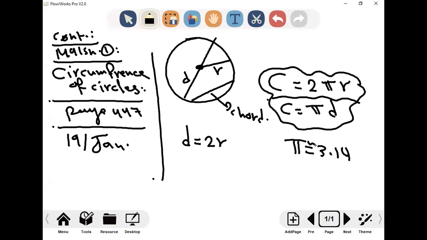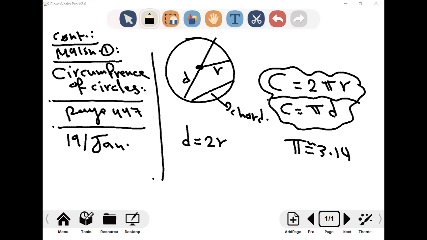Now, yesterday we said you can use which formula of them depending on the question. If the question gives you the radius, we use the first formula, right? If the question gives you the diameter, we use the second formula, right? Good. We took example 1 and 2, and they're checked together, right?